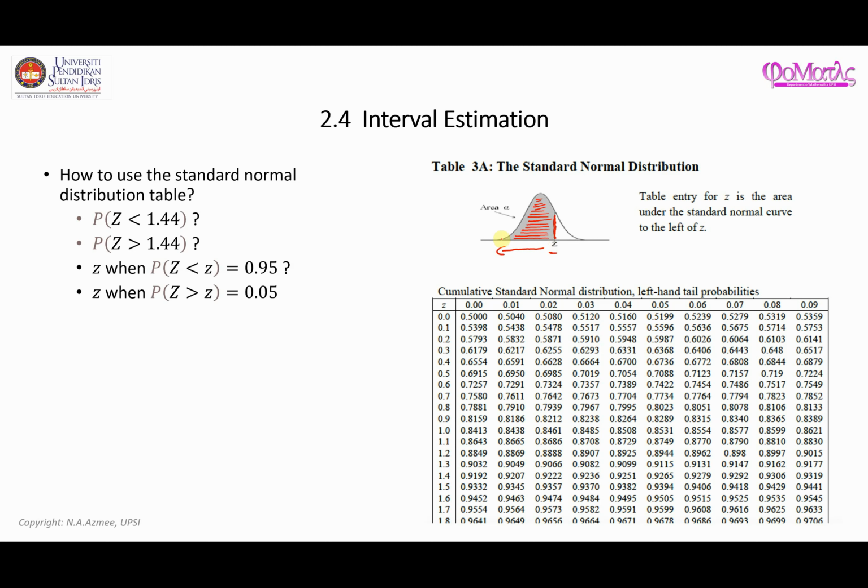So recall that this is the horizontal axis, the name is Z. And at point 0 is the vertical axis, which is Fz.